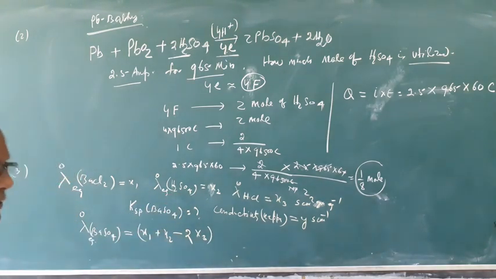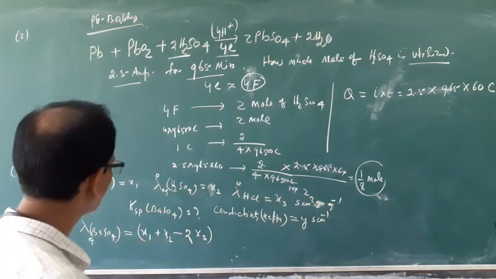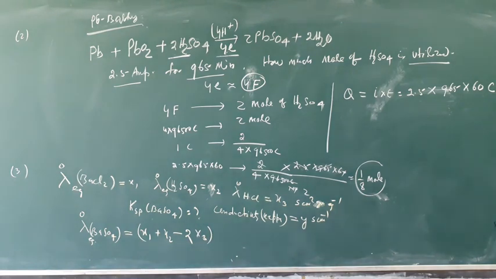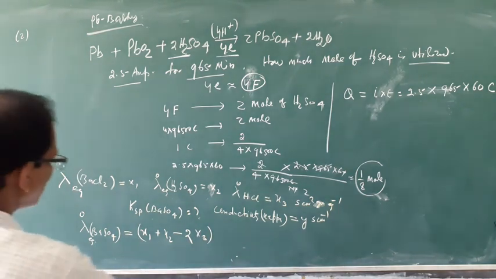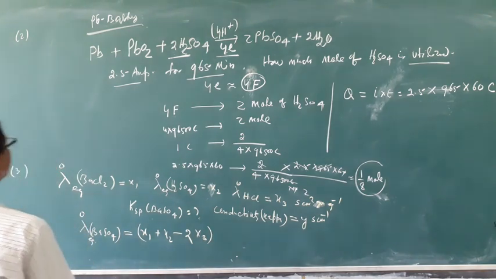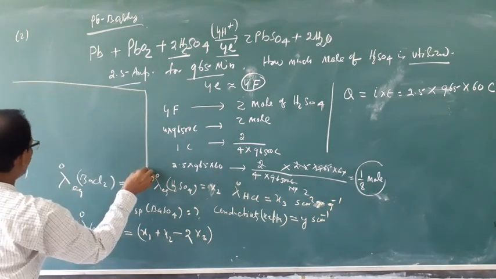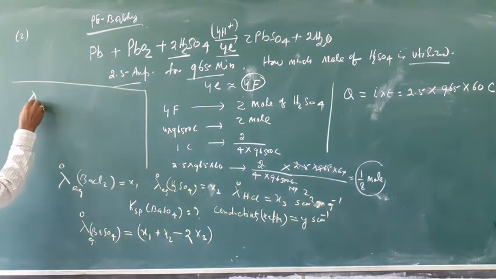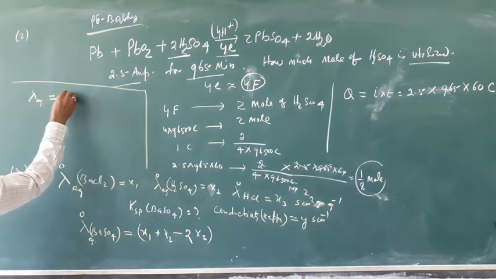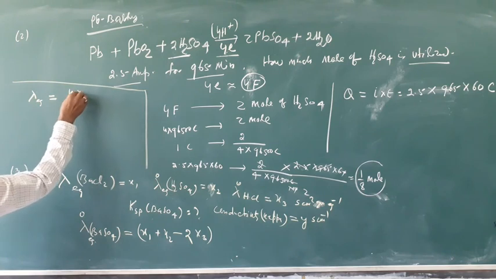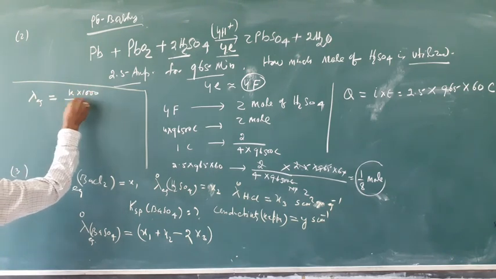If lambda equivalent is known, and kappa is given, then what is the concentration? We know that lambda equivalent is equal to kappa into 1000 upon n.